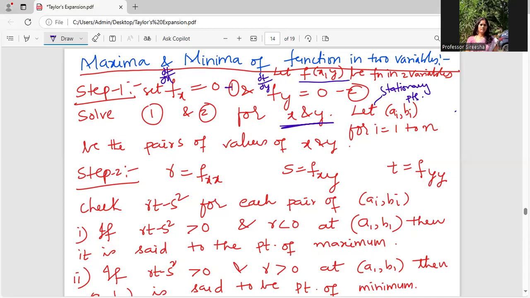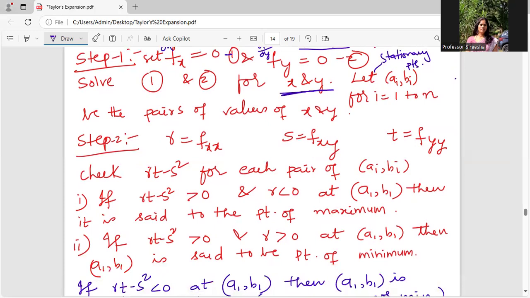Same condition here also, but then we have a problem with functions in more than one variable. If I'm talking about second order derivatives, it's not just one like the function in single variable. Second order derivatives will be four in number. For a function in two variables, second order derivatives will be 2 power 2, third order derivatives will be 2 power 3.